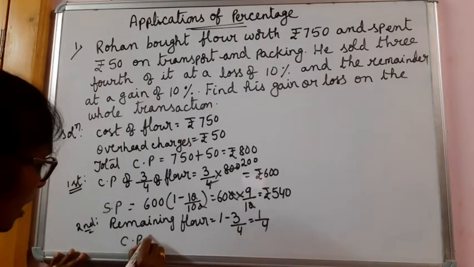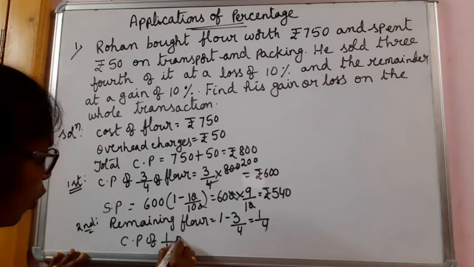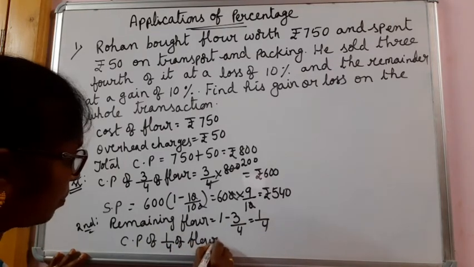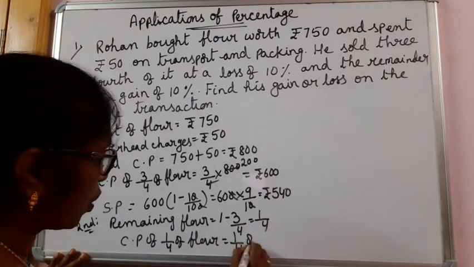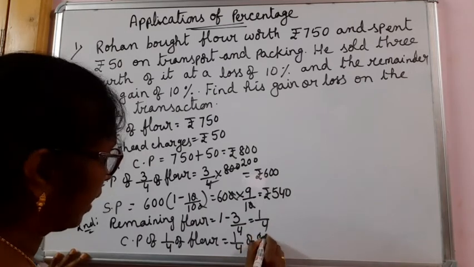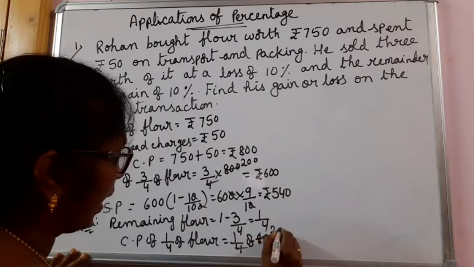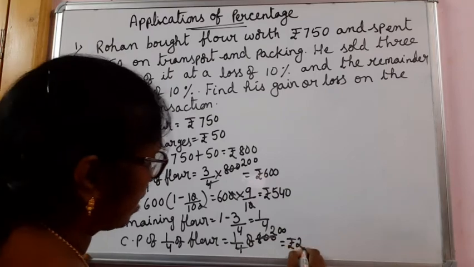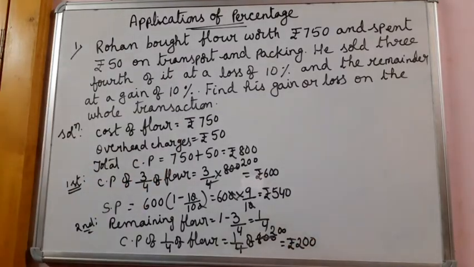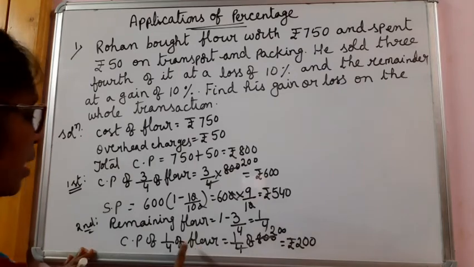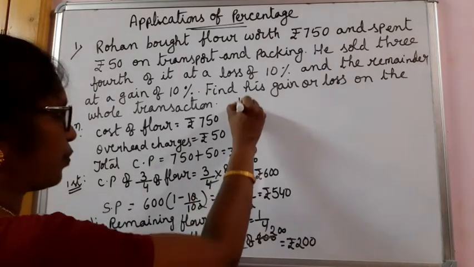So cost price of 1/4 of flour equals 1/4 of 800, that will be 200 rupees. Cost price of 3/4 of flour is 600 rupees, cost price of 1/4 of flour is 200, total 800 as we already got. So let us find the selling price of 1/4 of flour.